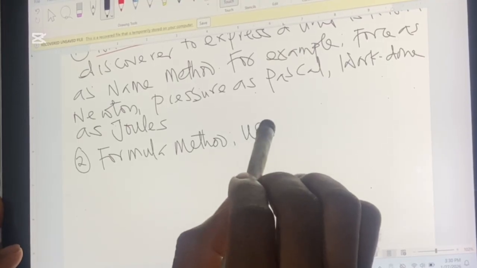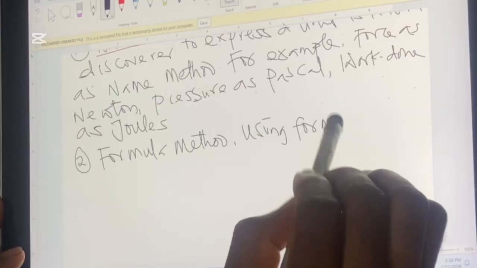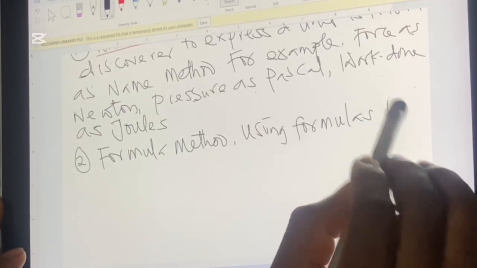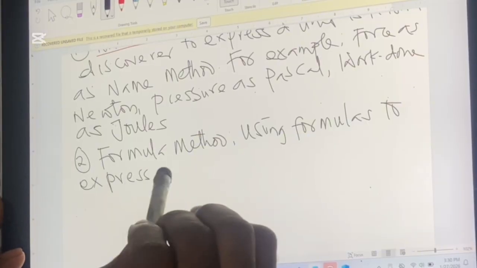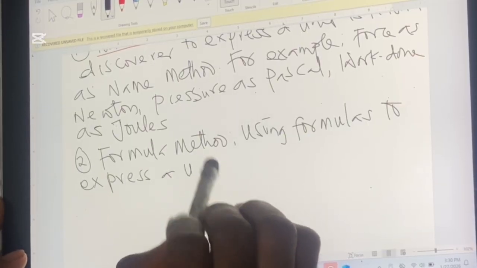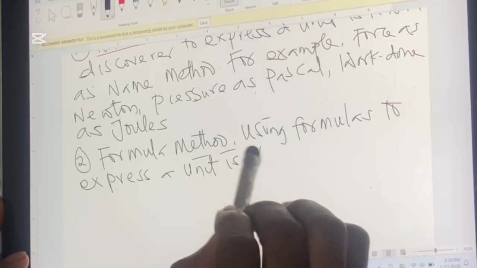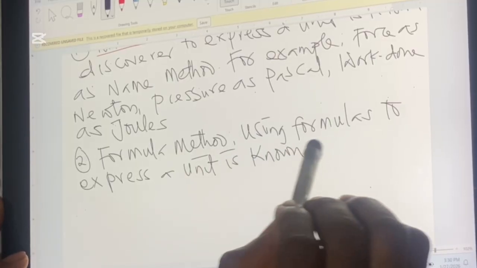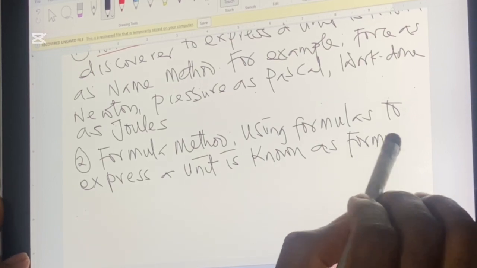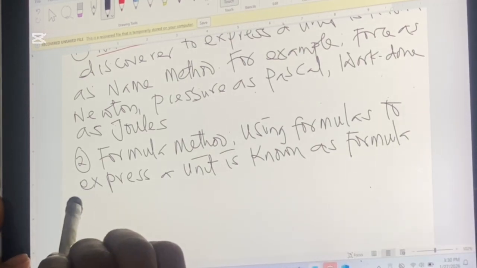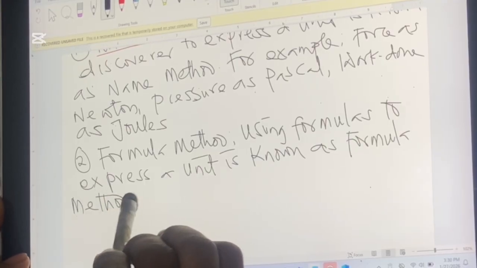Using formulas to express a unit is known as formula method.